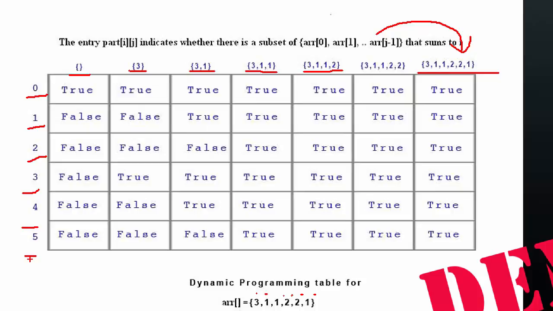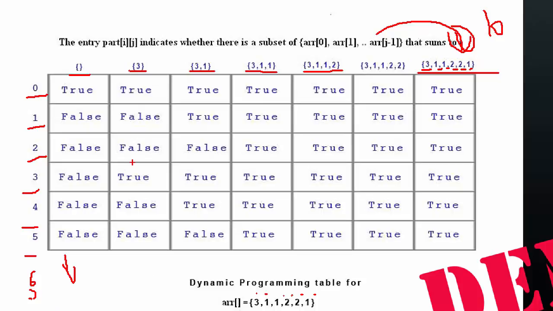We can calculate it at the beginning. So what is the maximum sum for this set? Oh, come on, it's 10, right? So 3, 1, 1, 2, 2, 1 is 10. So this table would normally go up until 6, 7, 8, 9, 10.